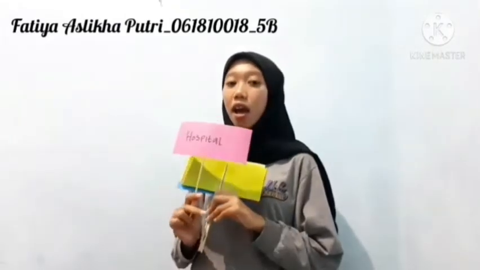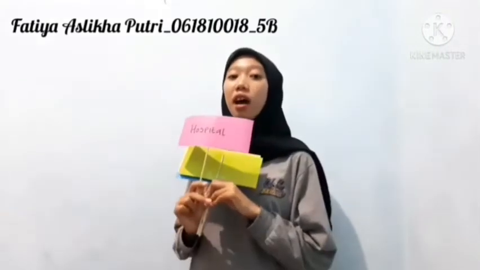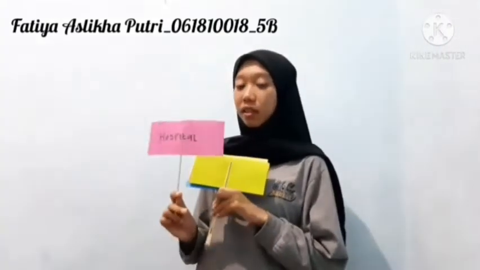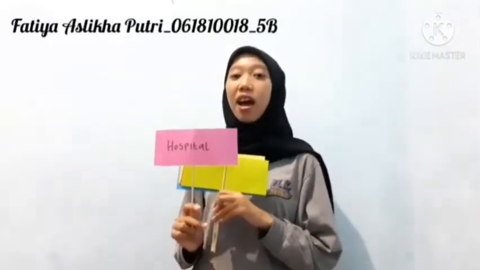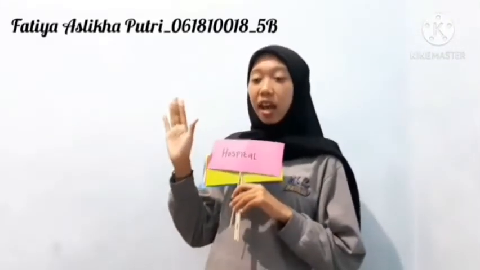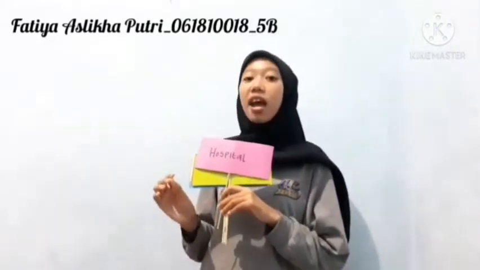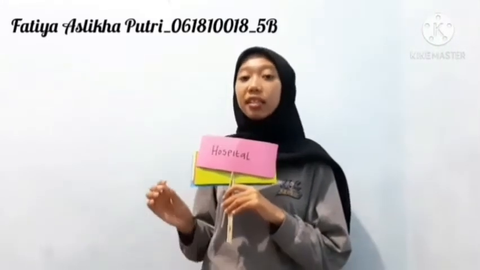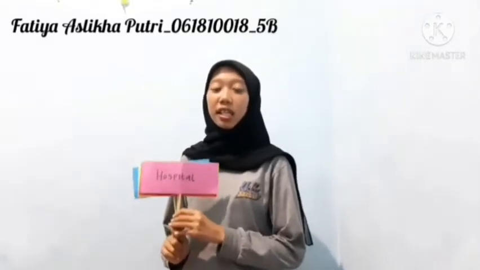For example, if the student chooses this color and gets hospital, the student will describe this place and the other students will guess. Students will raise their hand first like this, and they can guess the place correctly. They will get the point, and the group that gets the most points is the winner.